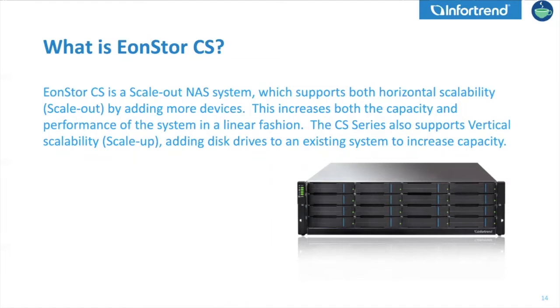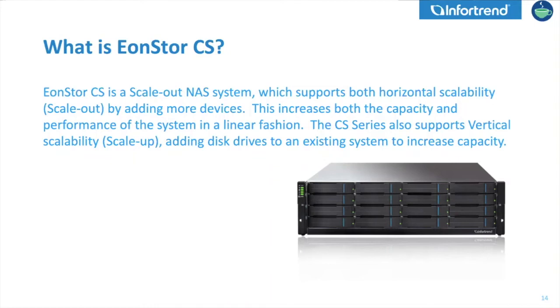You add nodes, you're increasing compute power and disks in a linear fashion. The CS supports that, but in addition, it also supports scale up, where you can just add storage expansion enclosures to the node to increase capacity, but not throughput or compute power, as it were.